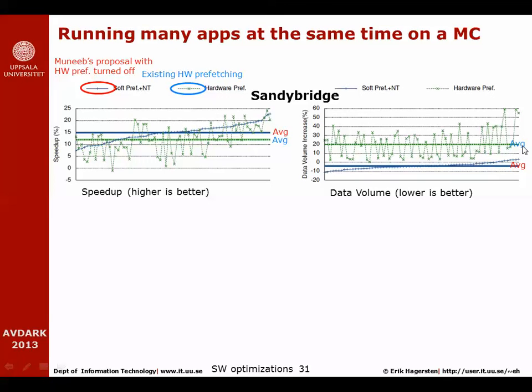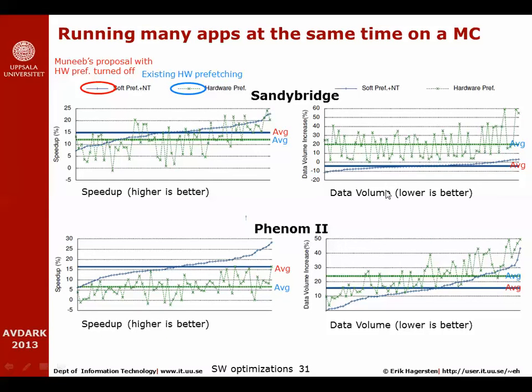The average number for Sandy Bridge is an increase of 20% of the data volume moved, while in our case we actually on average move less data than if we don't have any prefetching turned on at all. Same comparison for AMD.